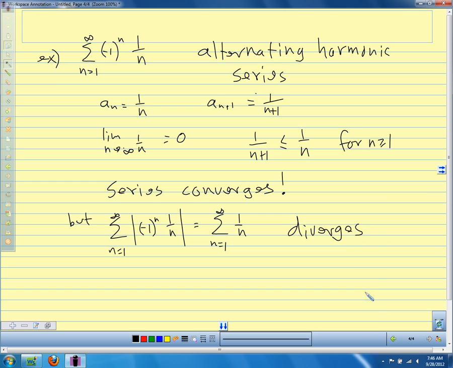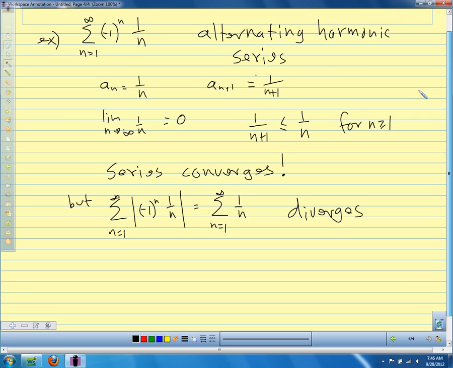We've proved that directly. So we know the harmonic series diverges, while the alternating harmonic series converges. We call this kind of convergence absolutely convergent. I'm sorry, not absolutely, conditionally convergent. So this is an example of a conditionally convergent series.